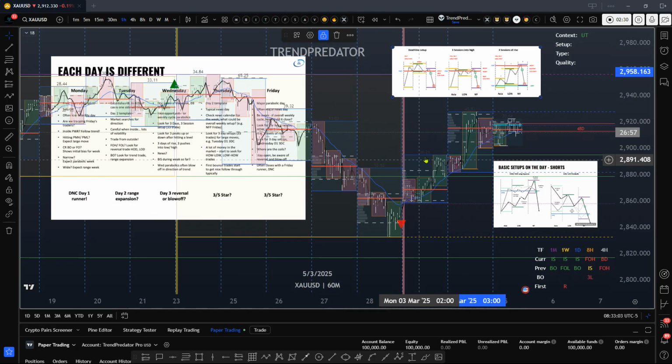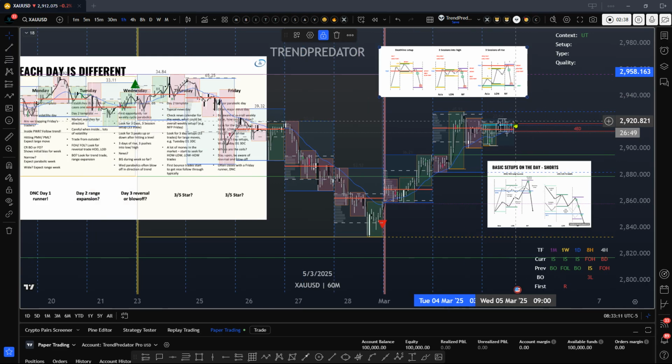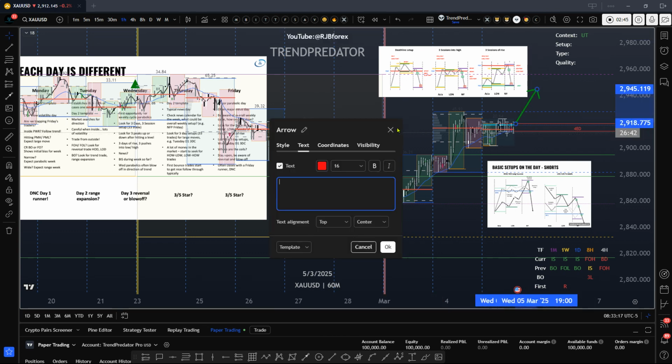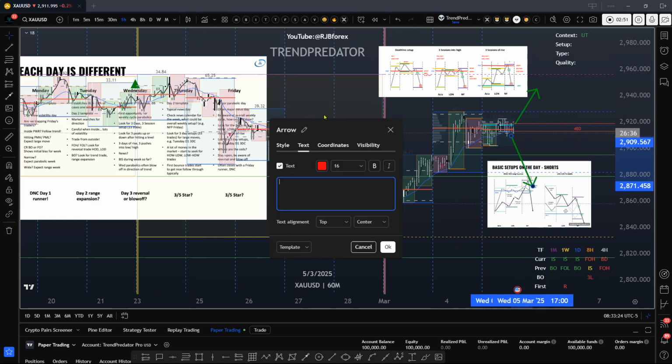As you can see, we are day 3 of the week. Day 1, Monday, day 2, Tuesday, day 3. And we're in anticipation of either a parabolic move in line with the trend or a reversal, a parabolic reversal, counter trend.